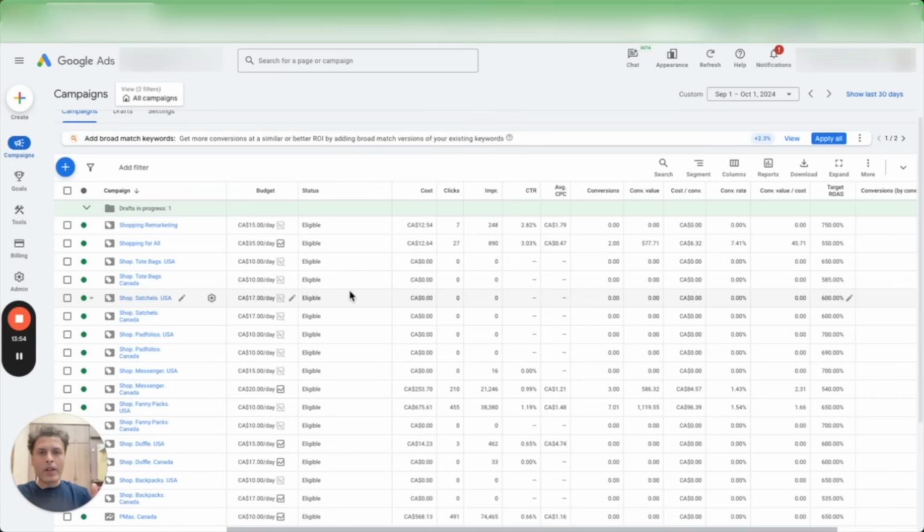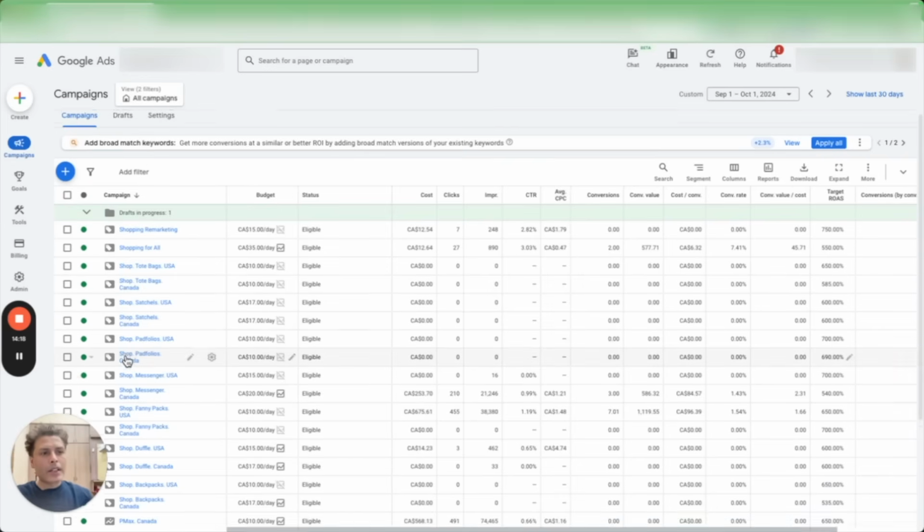So if someone is looking for full grain leather, only then they are going to be able to see our ad, and then they can click onto the ad. So that's what the strategy was, and that's how I made this account profitable and scaled a bit as well. But this was mainly what we did inside the product feed within the titles.